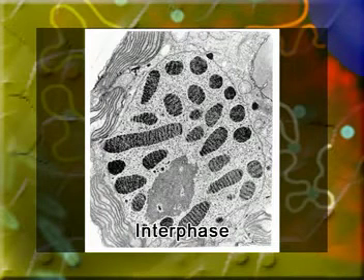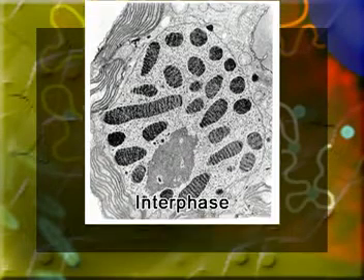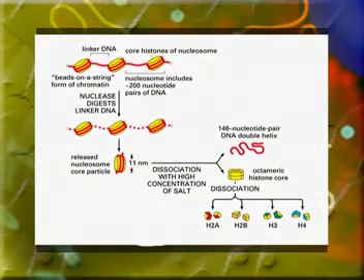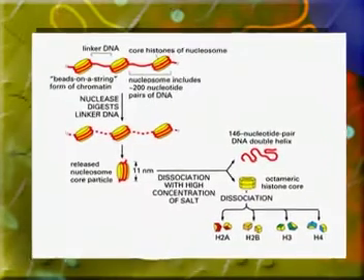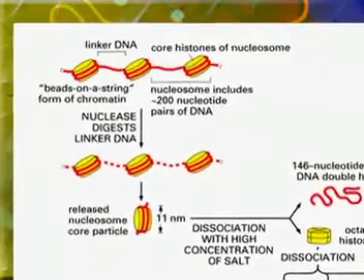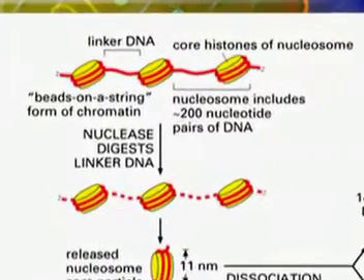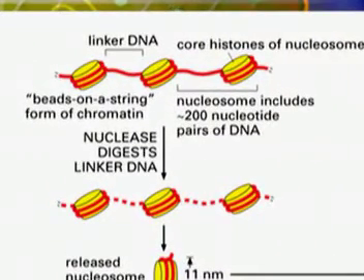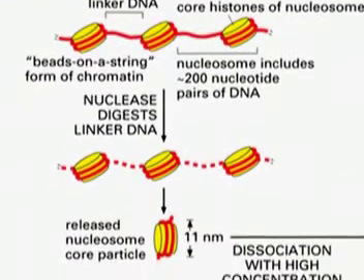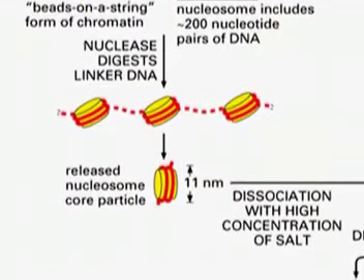When interphase nuclei are suspended in a solution of low ionic strength, they swell and rupture to release fibers of chromatin. In some regions, the fibers consist of tightly packed material, but in regions that have become stretched, they can be seen to consist of discrete particles called nucleosomes.